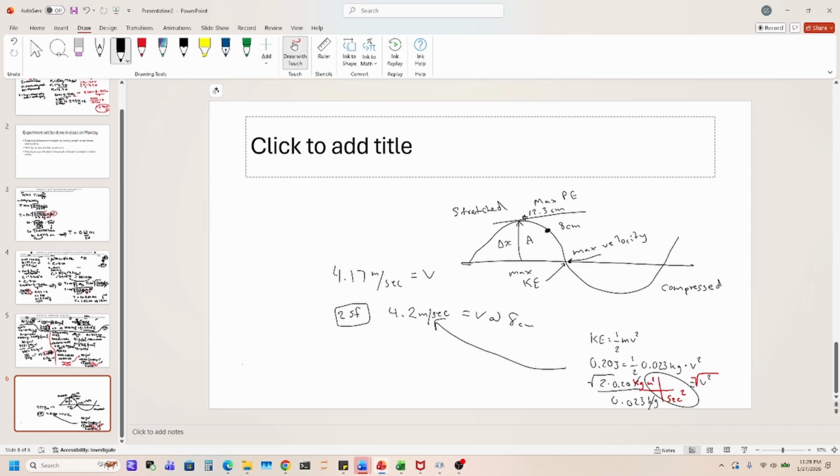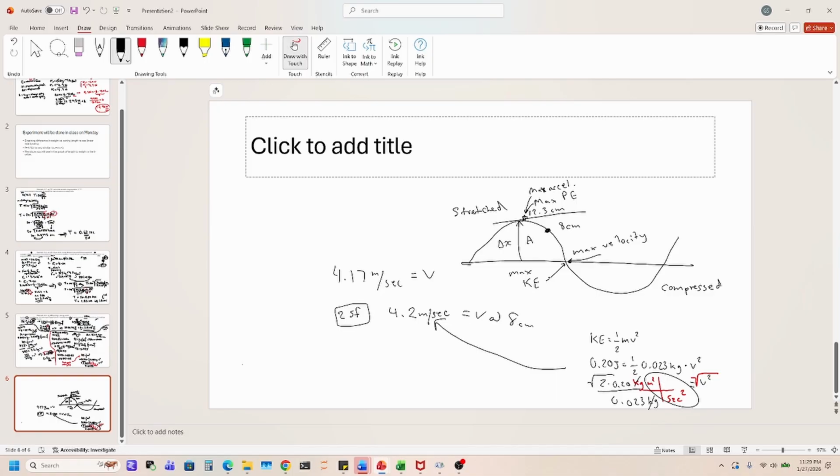So up here we had a lot of acceleration, we had a max acceleration, and then it starts to accelerate less as it approaches the equilibrium, and the spring isn't stretched out as much, it's not putting as much tension on there, so we've got max acceleration up here at the top as well. Max potential energy.